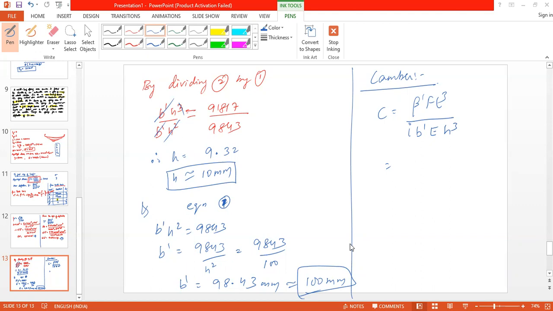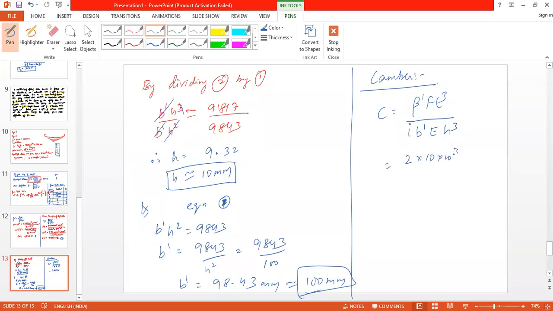What is beta dash? Beta dash is 2, sir. Beta dash is 2.